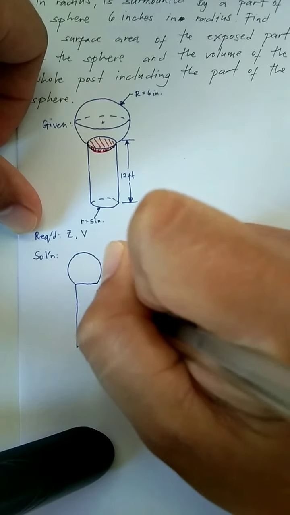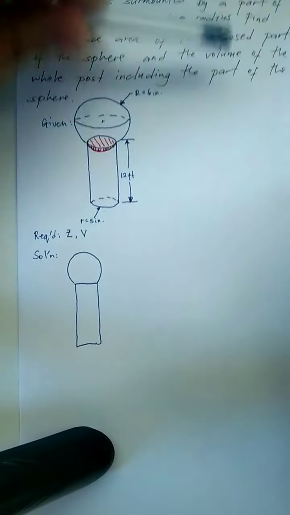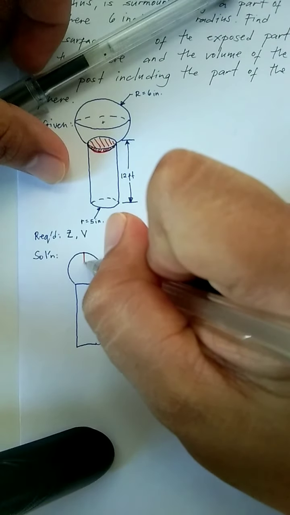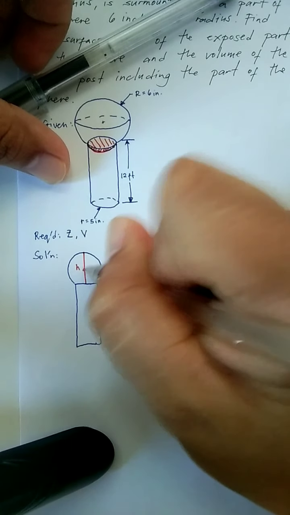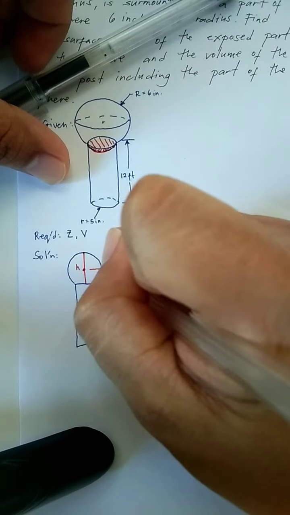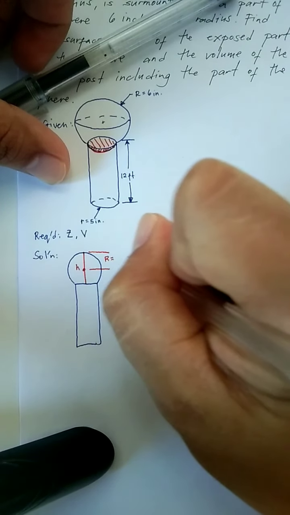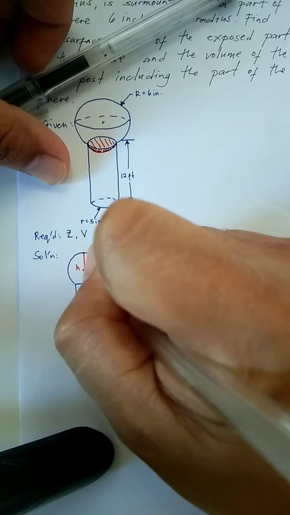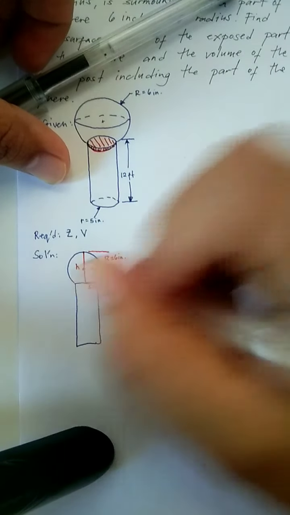This is the part of the post, and this will be the h. Of course, this part here is the radius of the sphere, which is 6 inches. On this part, this is actually 5 inches, that's the radius of the cylinder.